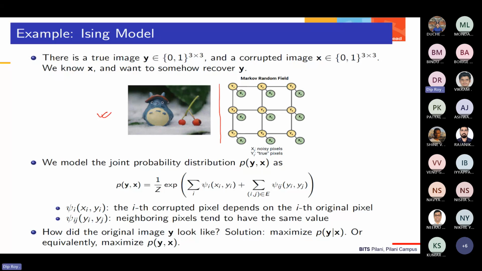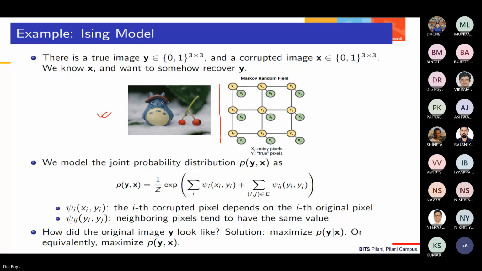Okay. And we want to model the joint probability distribution p of y, x. How do you model the joint distribution of p of y and x? It's one by the normalizing constant times the exponential of, and this is the structure.